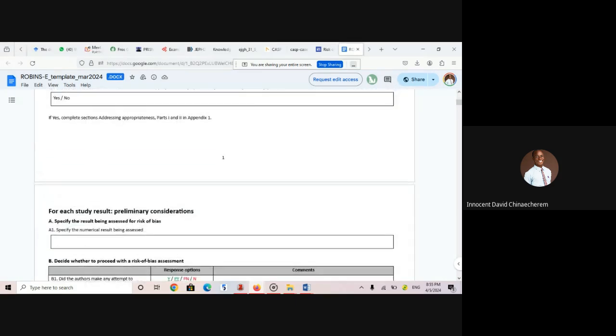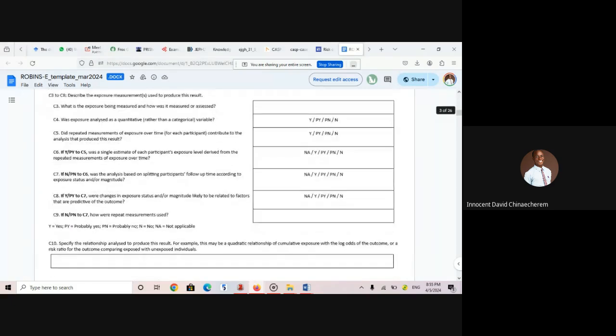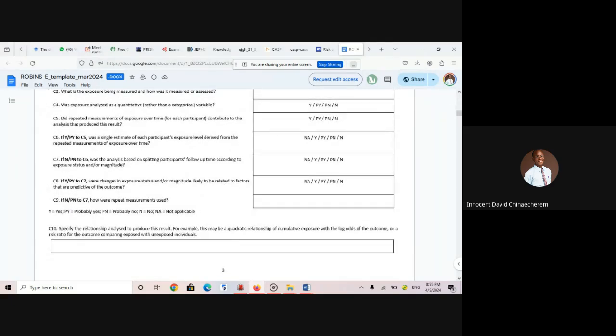So now I want us to understand that the Robbins tool is for observational studies, generally. So it will be very imperative for you to use a tool that is delimited to that particular design. You can still use the Robbins tool. There have been scenarios where we use the GAPS for case control to look at cross-sectional studies.